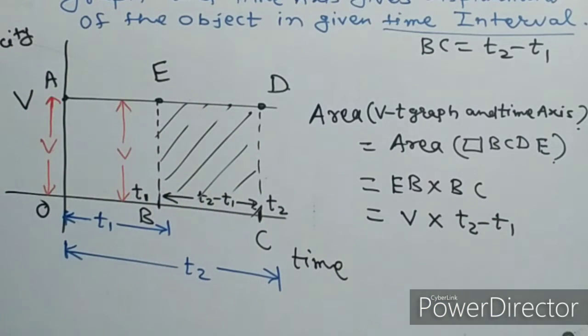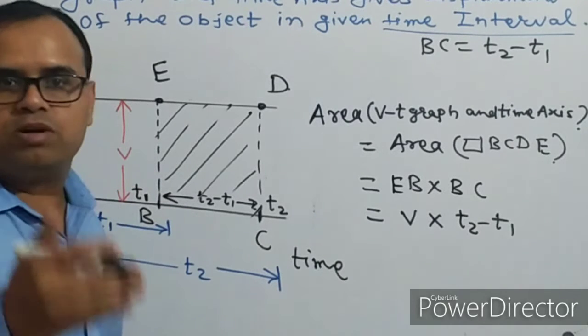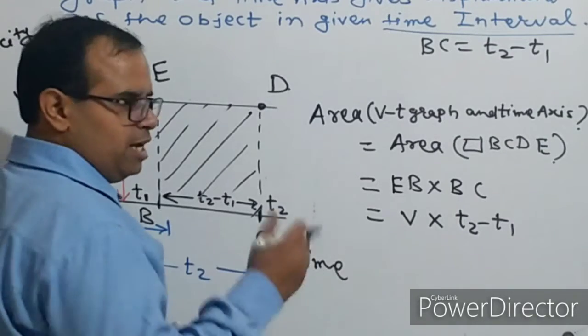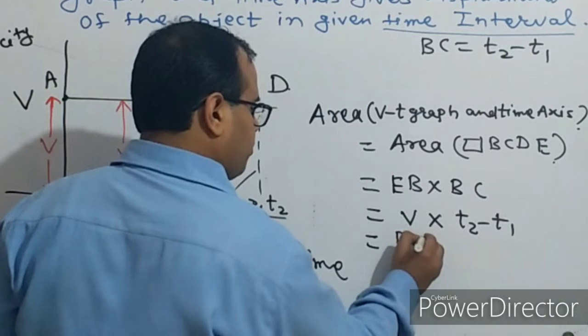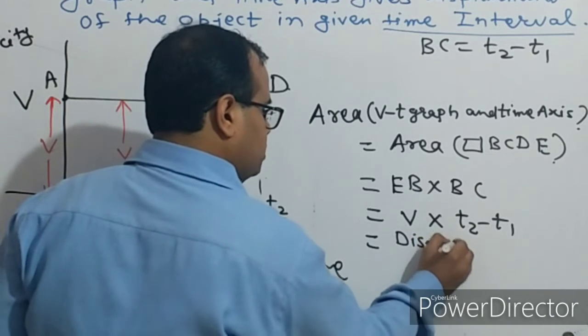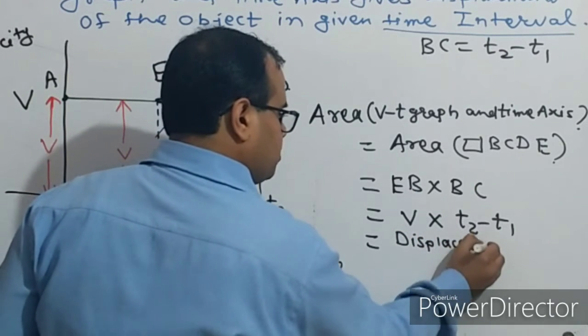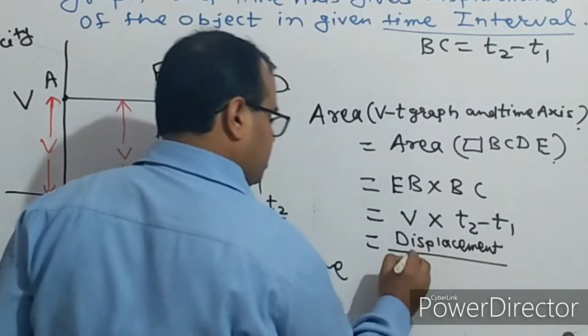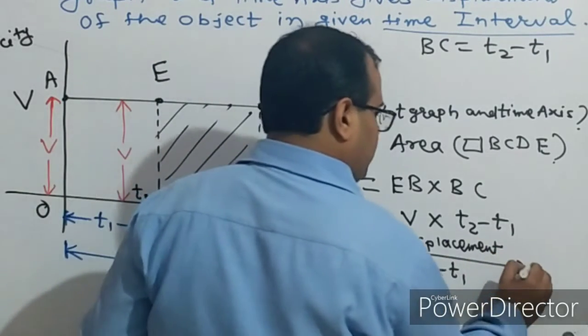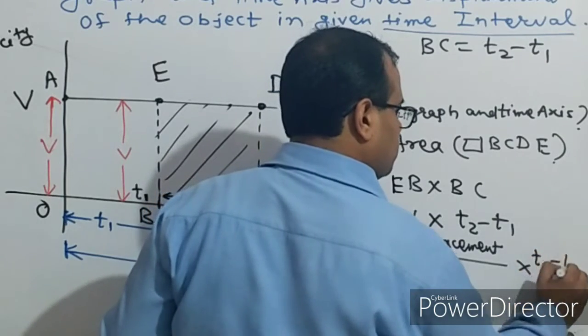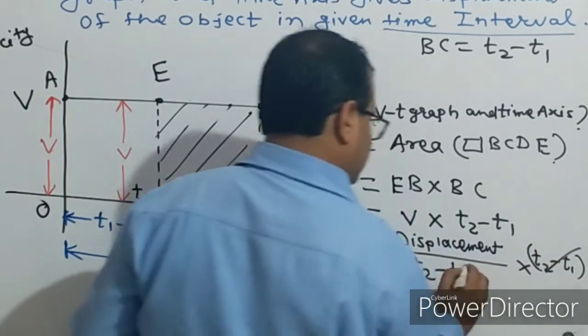Now what is velocity? Velocity is the change in the position of the object with time, or you can say the displacement covered by the object in the time interval. So you can write velocity as displacement divided by time, and time is t2 minus t1, multiplied by t2 minus t1, and that is cancelled.